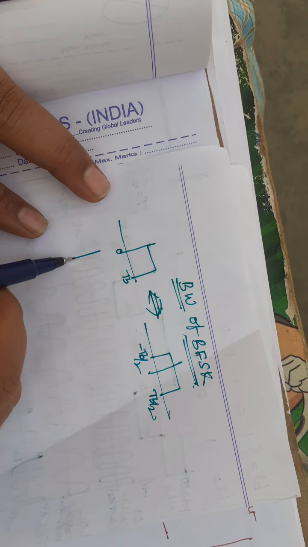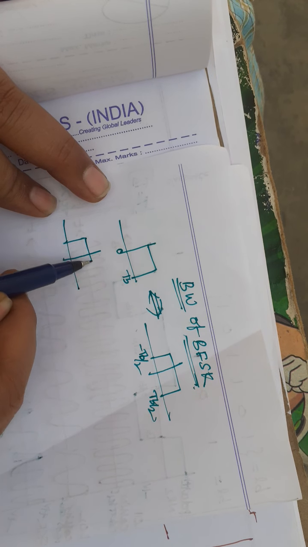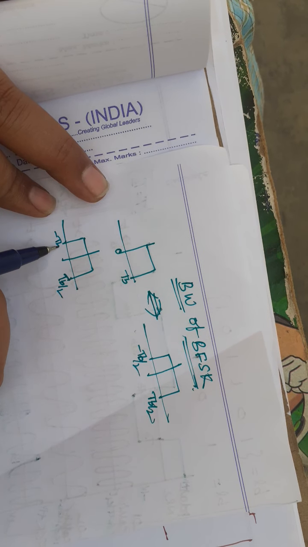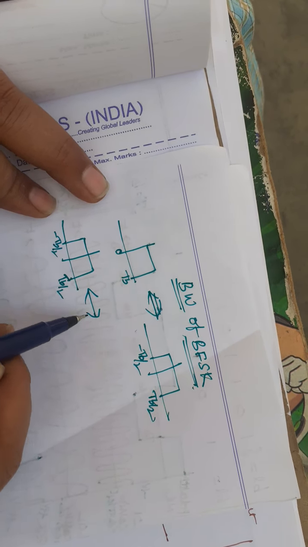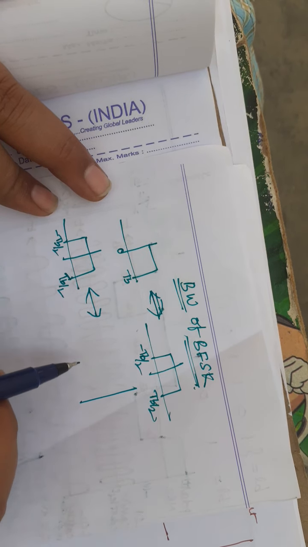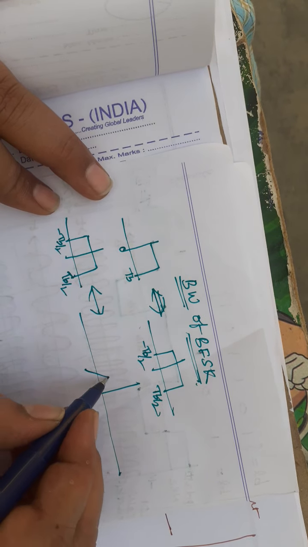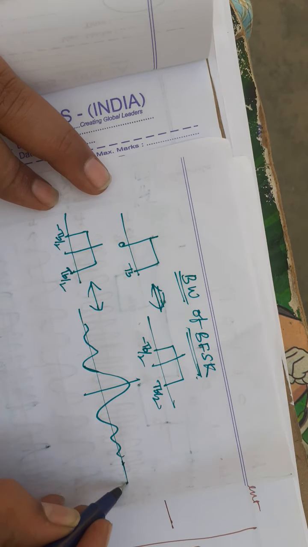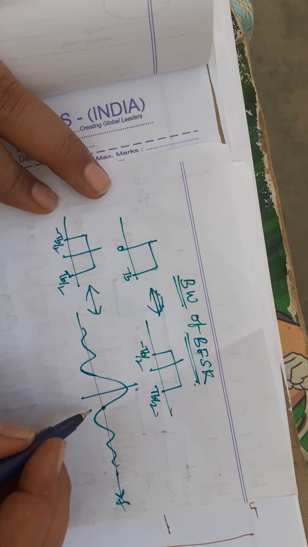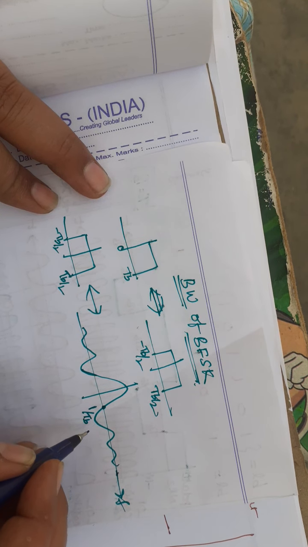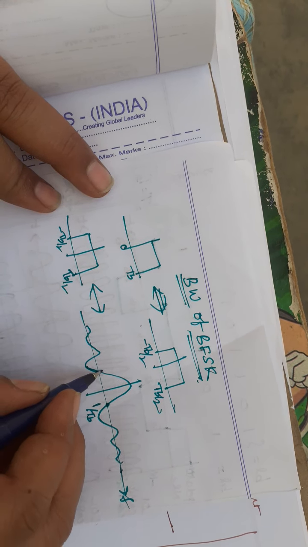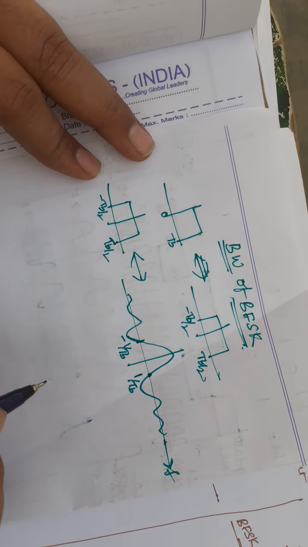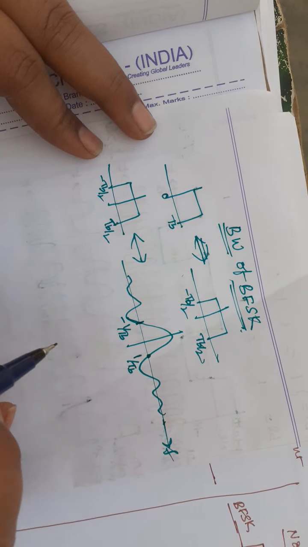The Fourier transform of this one, we know that it will be a sinc function. Frequency f, this point is 1 by TB, here this point is minus 1 by TB, right? So here I am only taking this main lobe.